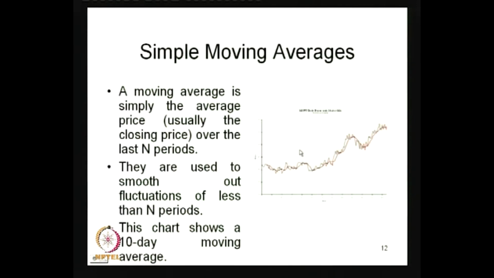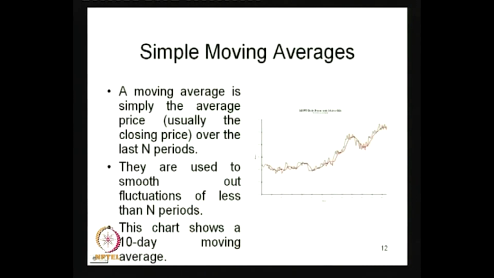Then coming to the second instrument, another instrument we always use, that is moving averages. There are various types of moving averages we use in the market to analyze the price of the stock or the trends in the price, and to say when the price will go up and when it will go down.